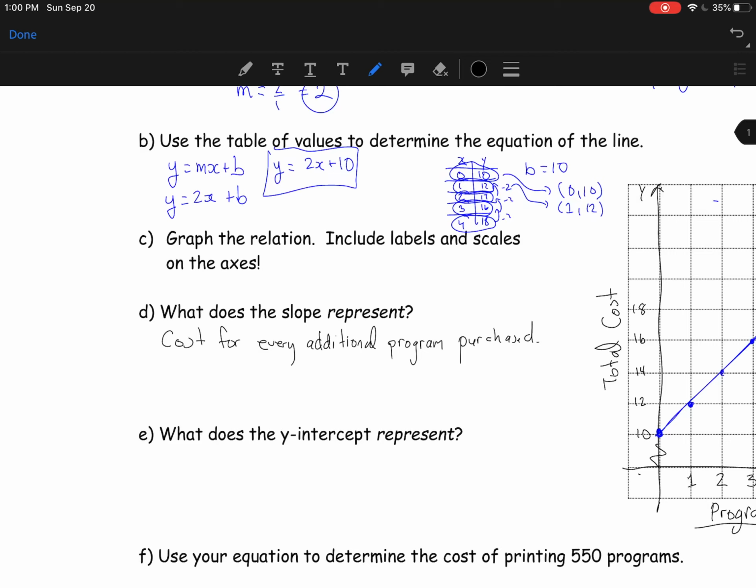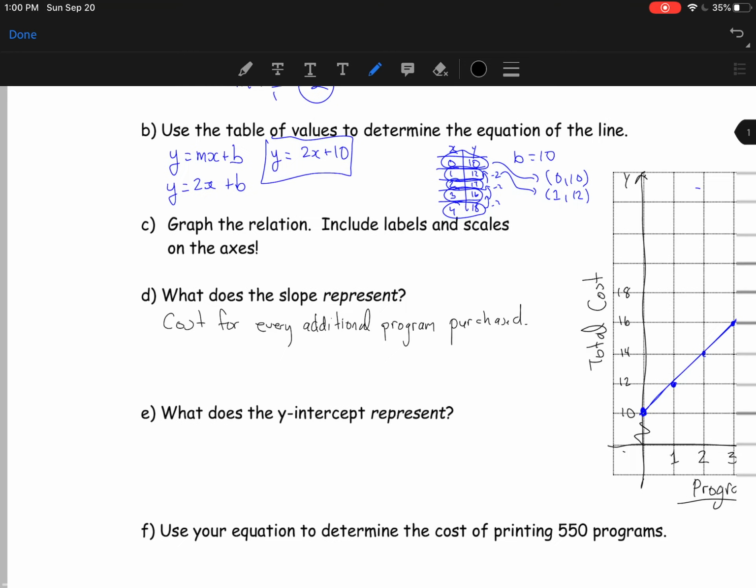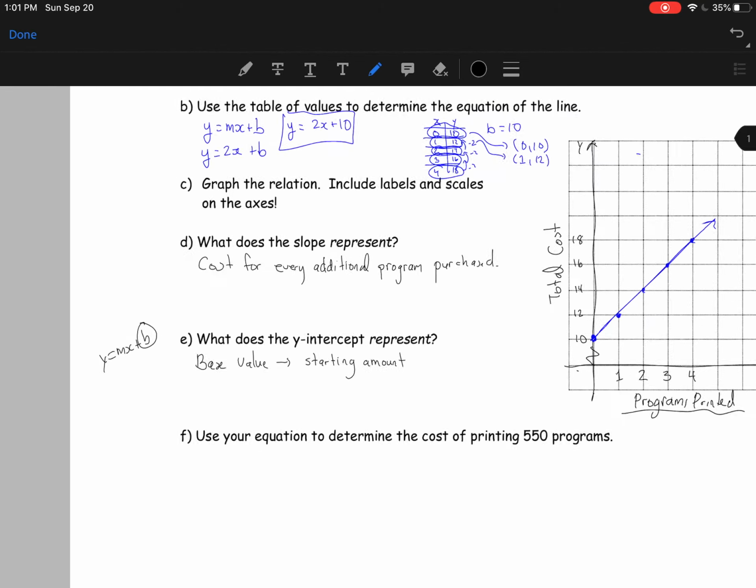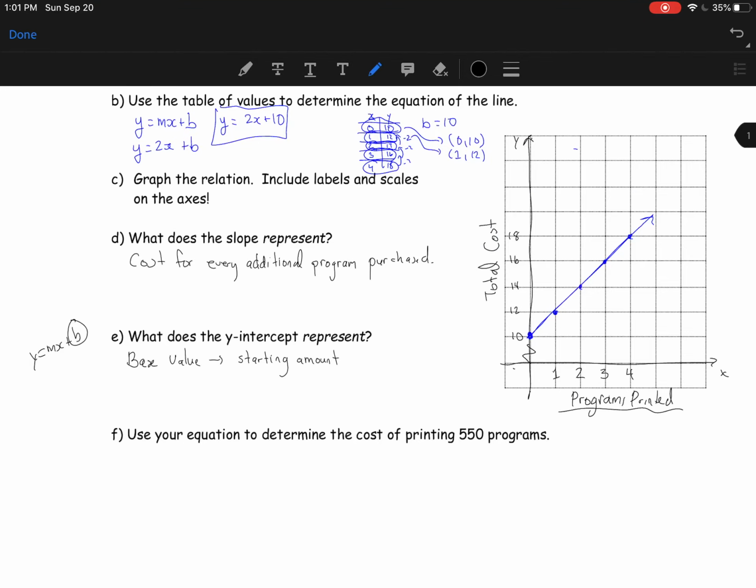Every time we added an additional program, we had to spend $2. The y-intercept represents our base value, which is why in the equation y equals mx plus b, we use that letter. The base value is just our starting amount. So we start at $10 before we've even purchased anything. We have to pay $10 up front. That is our base value.